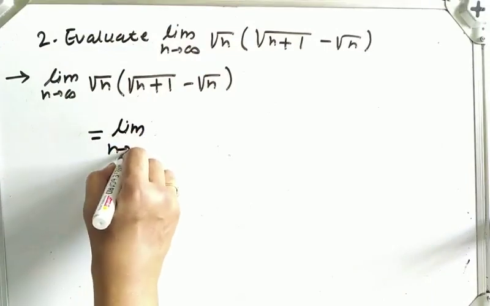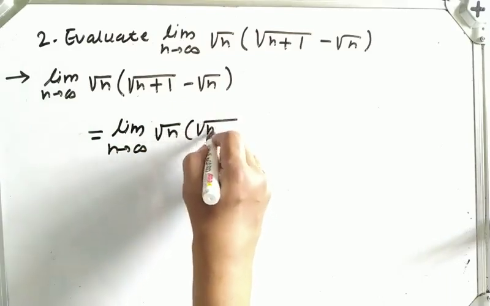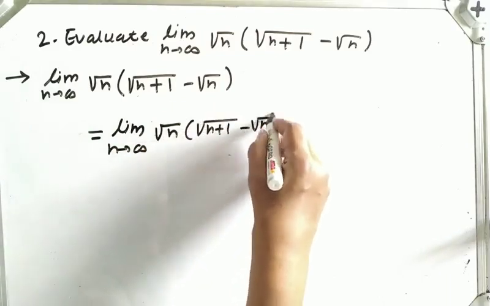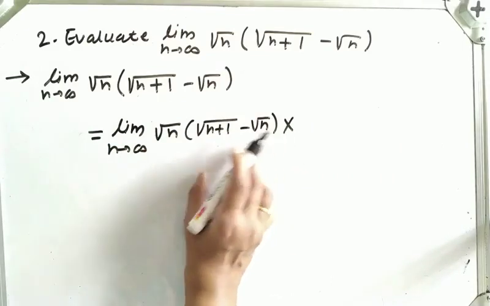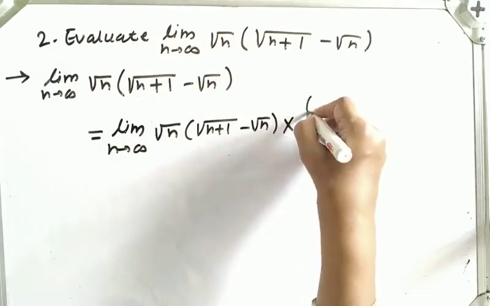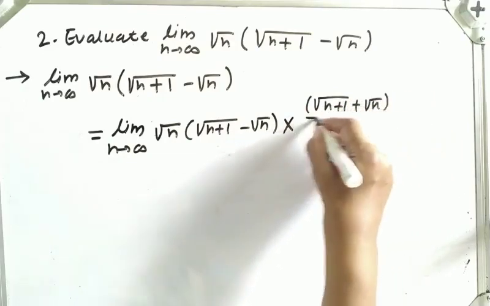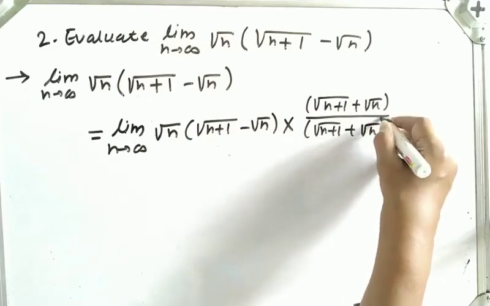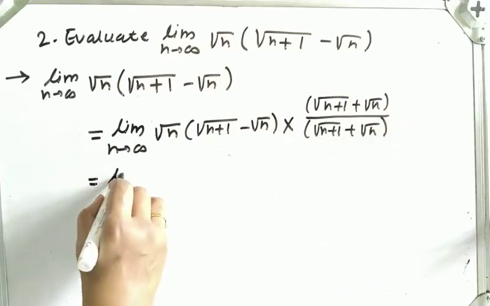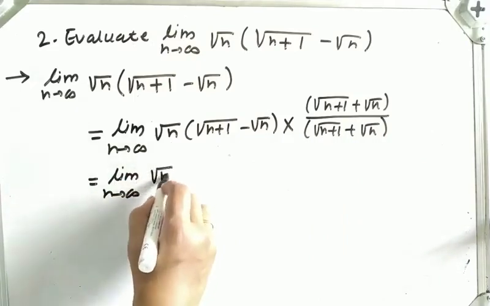Limit n tends to infinity, this is as it is, root n in bracket square root of n plus 1 minus root n. We multiply and divide this by, now here is a minus sign, so we multiply it by square root of n plus 1 plus root n, and also divide it by square root of n plus 1 plus root n. This root n is as it is.